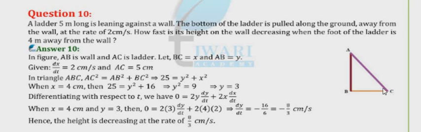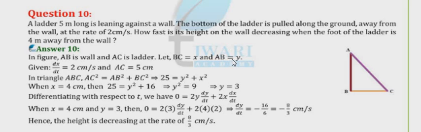If dx by dt is 2 cm per second, what is the value of dy by dt when the ladder is 4 meter away from the wall, after some time when CB becomes 4 meter? At that time, what will be the value of this?